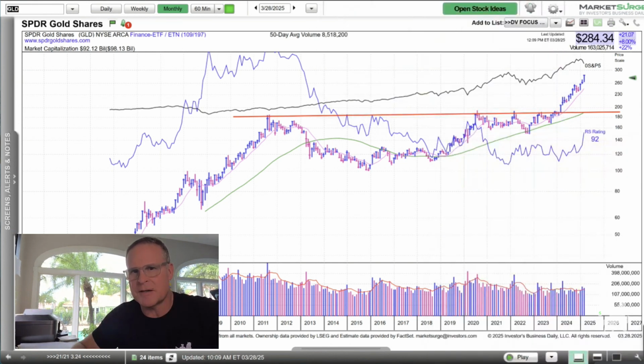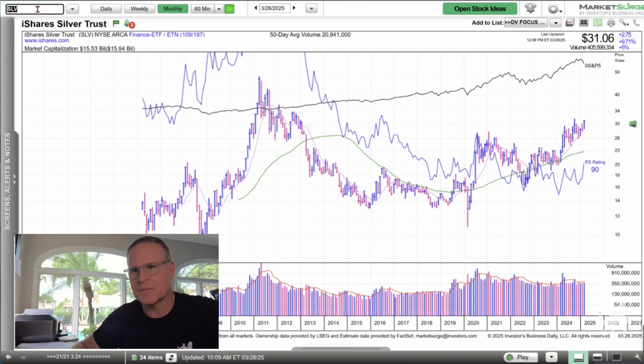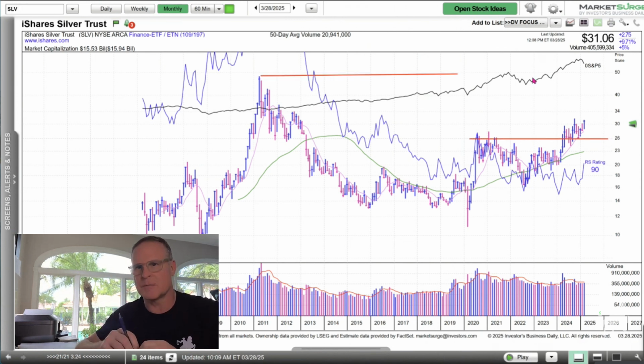Just to give you a perspective on what's happening in the metal market. The next thing I want to look at is the SLV on a monthly basis. And you can see SLV is breaking out, but it's still well off its all-time highs.